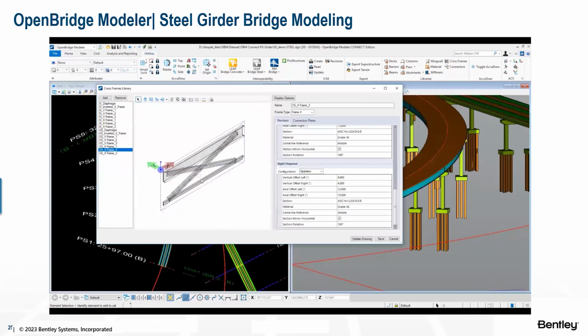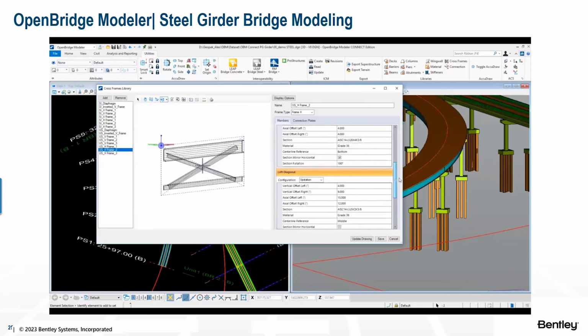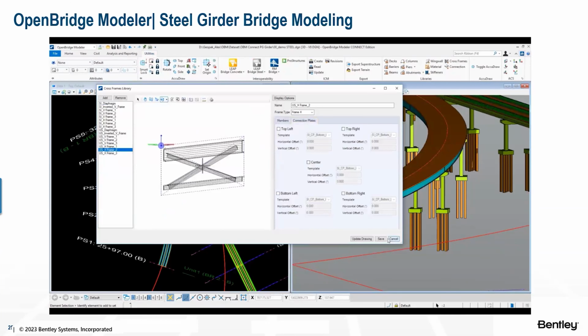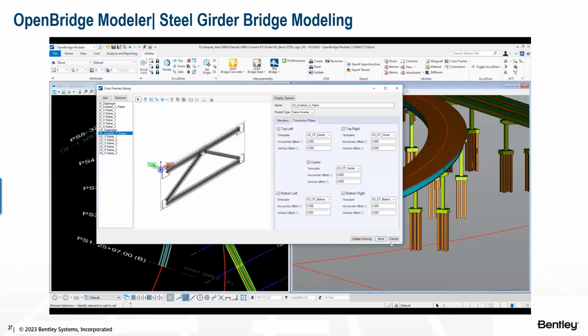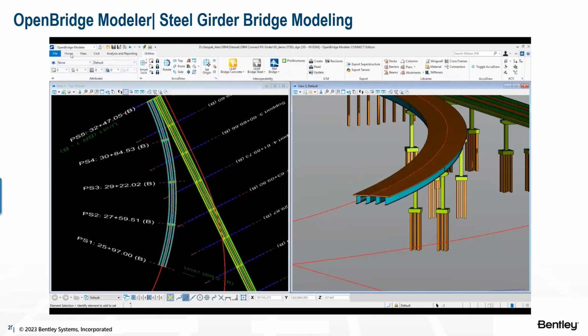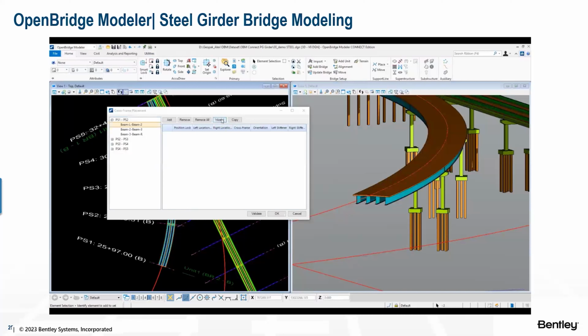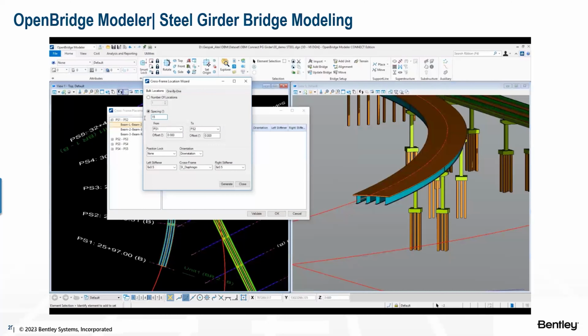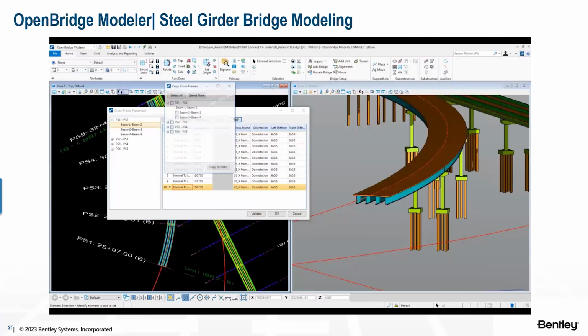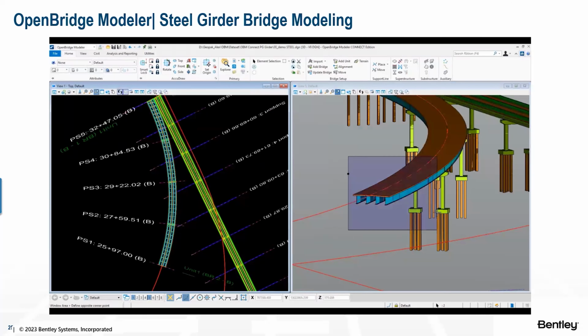And for the steel, we can do also the same as for concrete, but in Europe, we put fewer steel cross frames. But we can define different types of cross frames and place these cross frames along the bridge at different positions. Okay, we can also place stiffeners, different stiffeners, for instance, on the support, on different sides of the web.